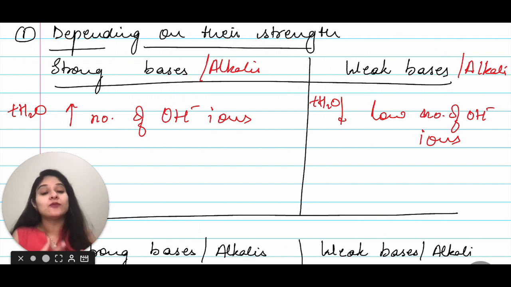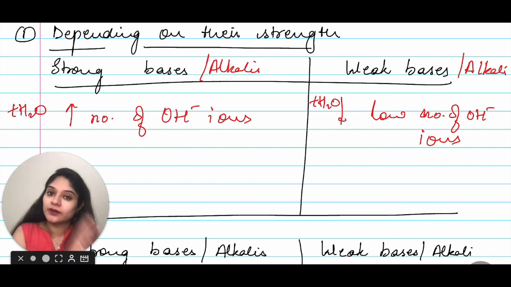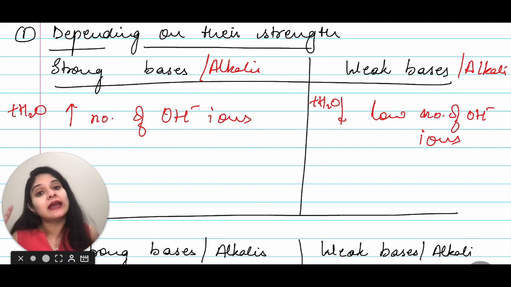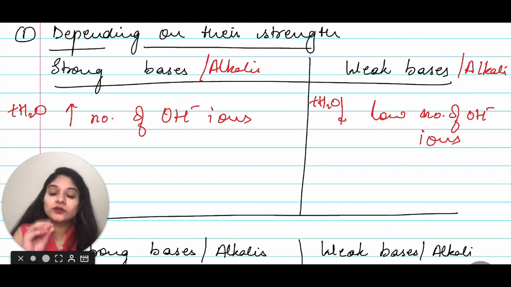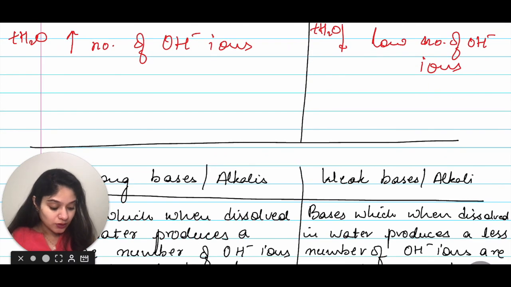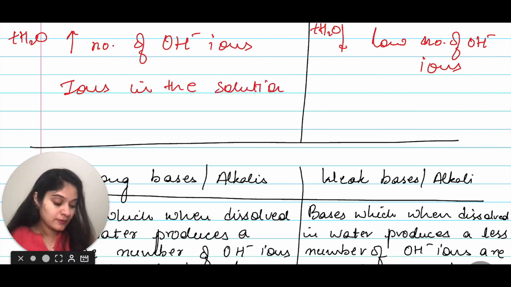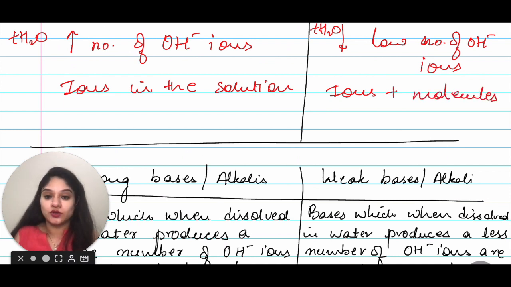Let's say you have 10 molecules of the alkali dissolved in water. Only 4 or 5 of them will give you ions, and others will stay as molecules. So in strong bases or strong alkalis, you will have only ions in the solution, and on the weak side you will have ions plus molecules in the solution.